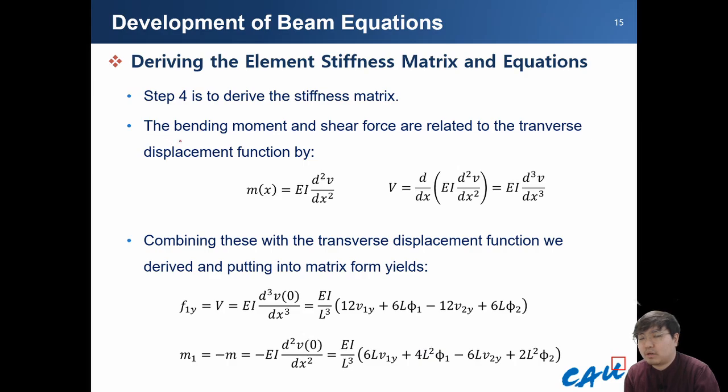We already applied some boundary conditions. What are the boundary conditions? V1 and V2 are displacement values, and phi1 and phi2 are rotational angle boundary conditions. We know the field variables of displacement, so with multiplication by the local stiffness matrix, we obtain the force vector.